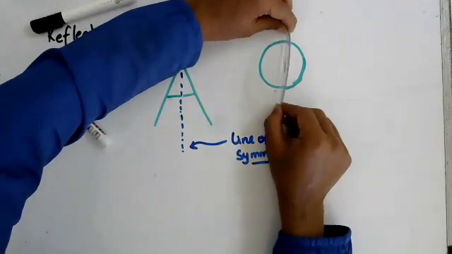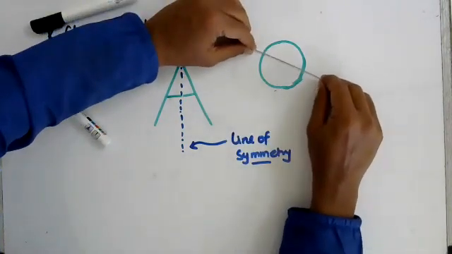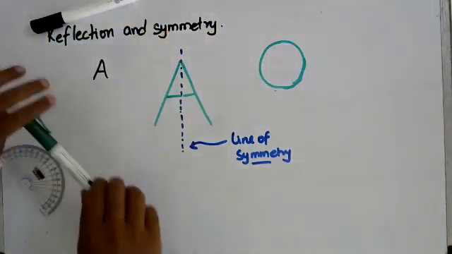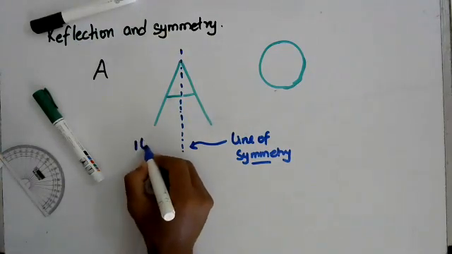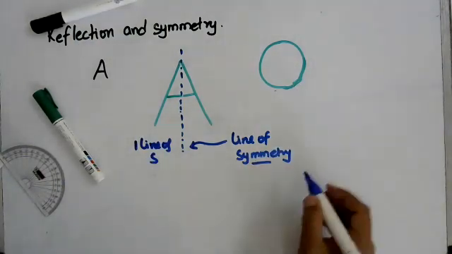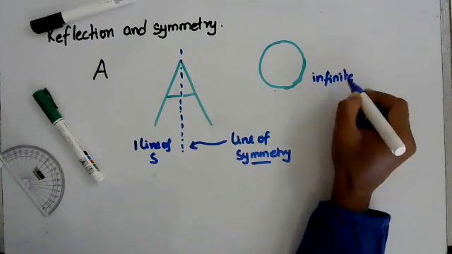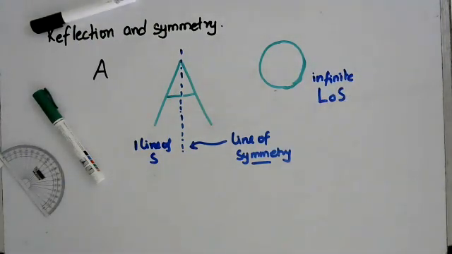In fact, any degree that I turn it, it will always be symmetrical. So that's the beauty about a shape like O. This object, therefore, we say has one line of symmetry. Object O has infinite lines of symmetry. I'll put it as LOS, line of symmetry, infinite lines of symmetry.